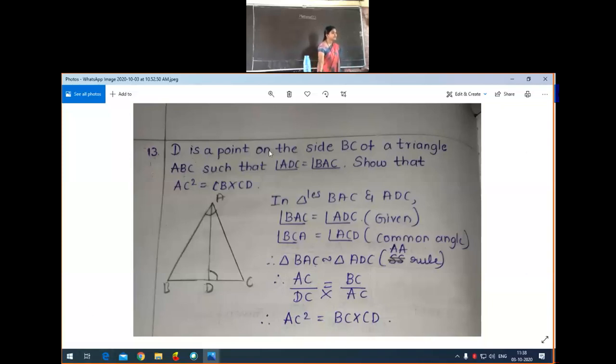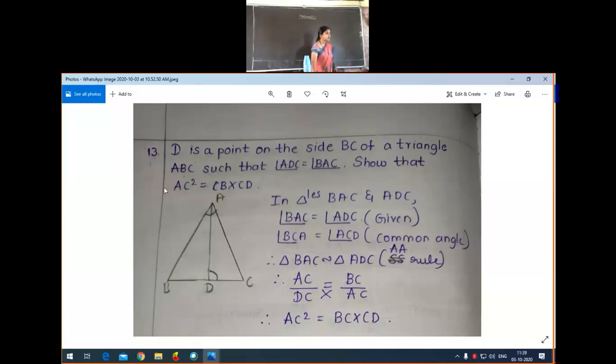D is a point on the side BC of a triangle. Are you observing? D is a point on the side BC of triangle ABC, such that angle ADC is equal to angle BAC, as we can observe from the marking.